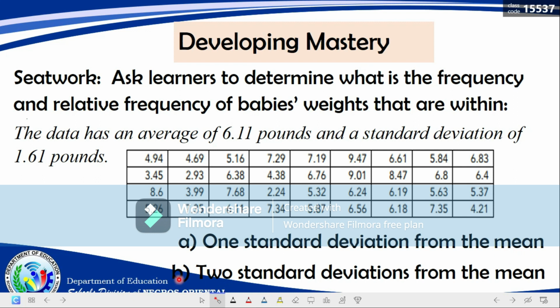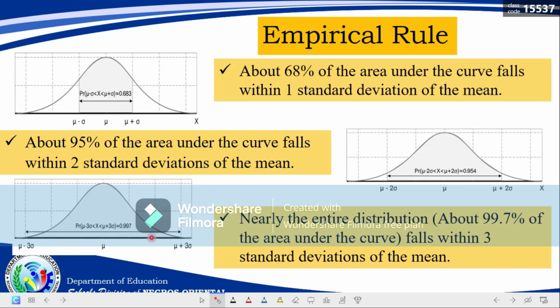For letter B, 2 standard deviations from the mean. You are going to count the number of frequency again. So you are going to solve mean minus 2 times the standard deviation, as well as mean plus 2 times the standard deviation given.